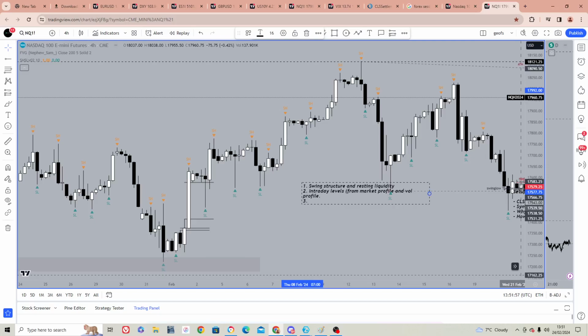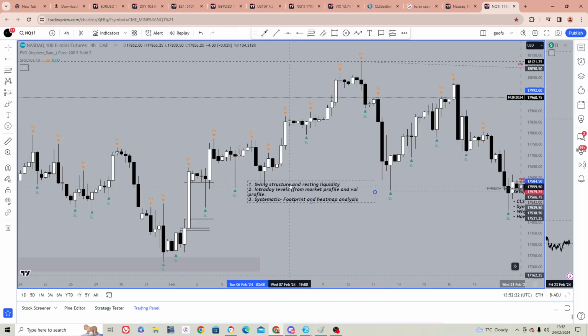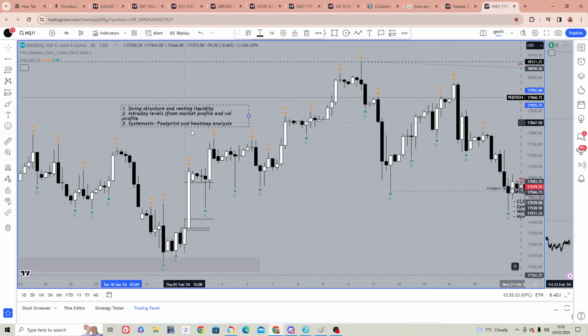Then the third step, this is systematic. By systematic, I mean it's kind of mechanical. This is your footprint and heat map analysis. So this is what I preach and teach, and you have to do every step before you enter a trade.